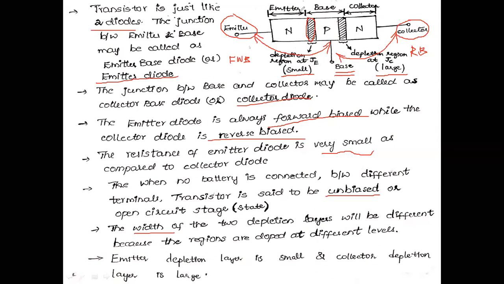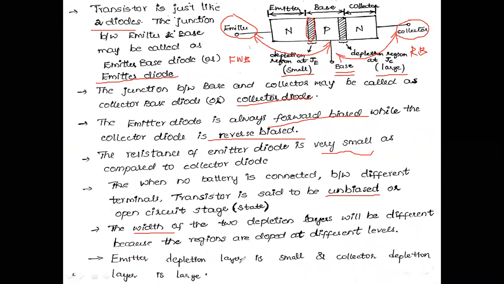Then this diode, the emitter base junction, is in forward bias condition. And when this P terminal is connected to negative and the N terminal is connected to positive, it is in reverse bias condition. Then I can treat these two layers as being in reverse bias condition, and this depletion region is going to be large here. That is the meaning.